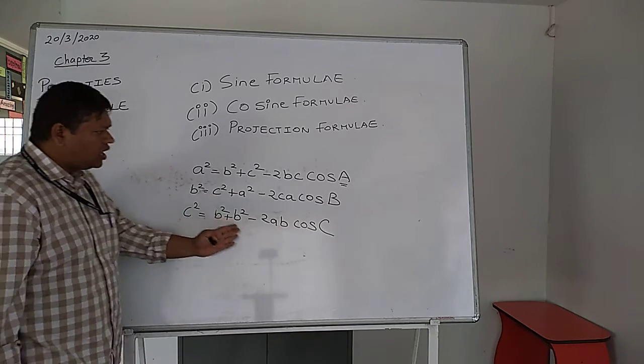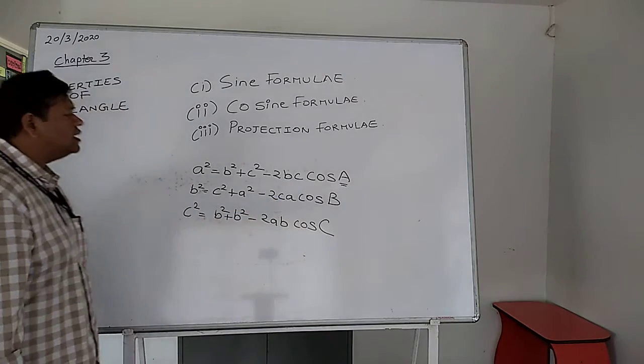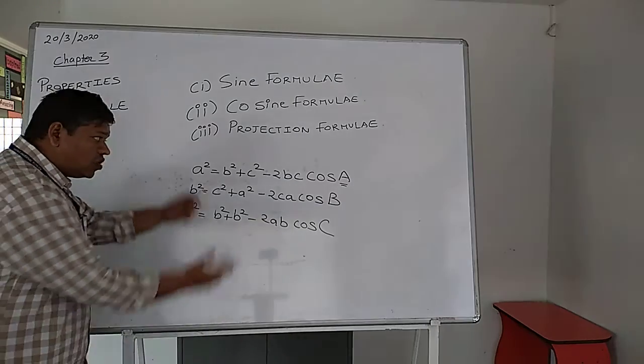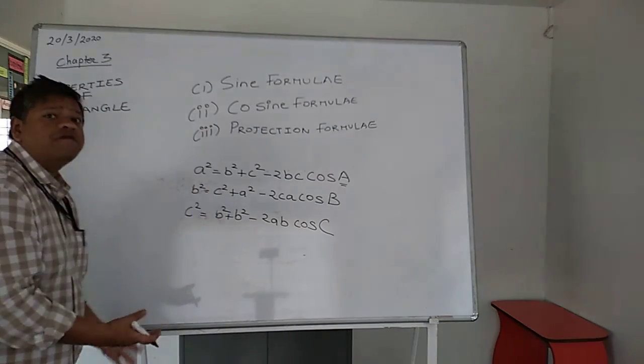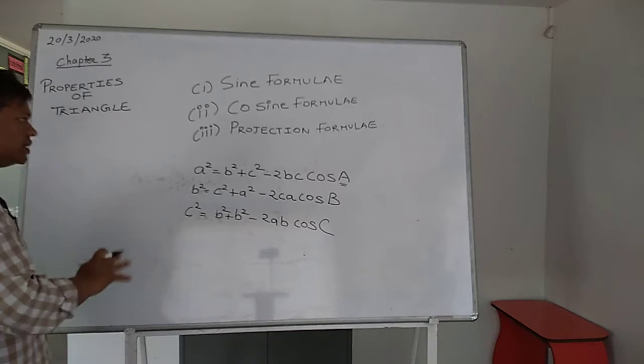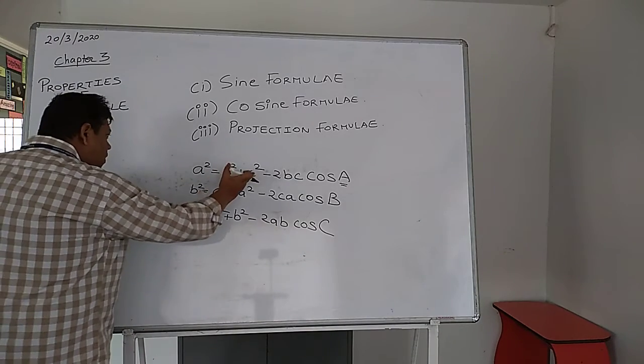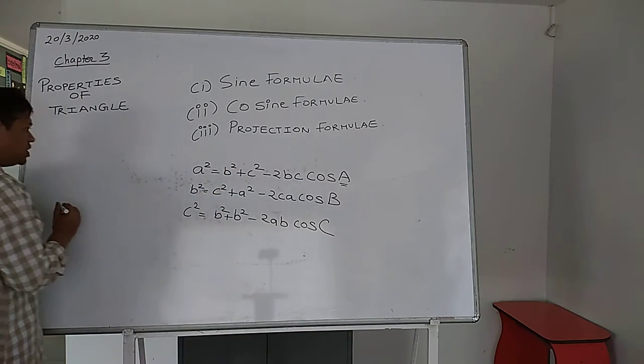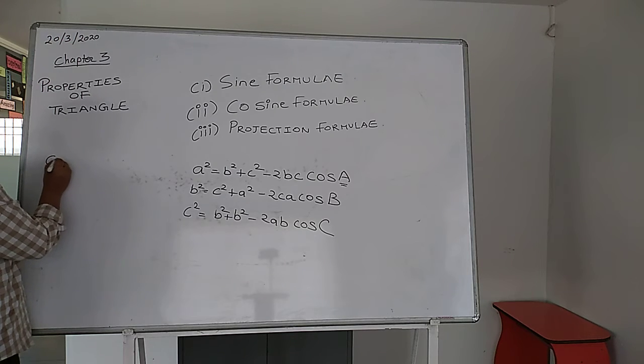Because it has only cos term related to it, it is known as cosine formula. The cosine formula can be further deciphered into this form. Either you can use this form or it can be further changed into form like this.